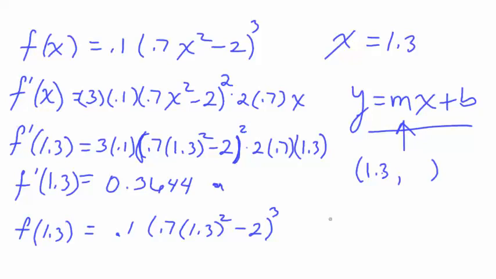So hopefully you're working this out as I'm going along. Wow, that number's a whole lot smaller than I thought it was going to be. Let me make sure I put everything in right: 0.1 times 0.7 times 1.3 squared minus 2 raised to the third power.